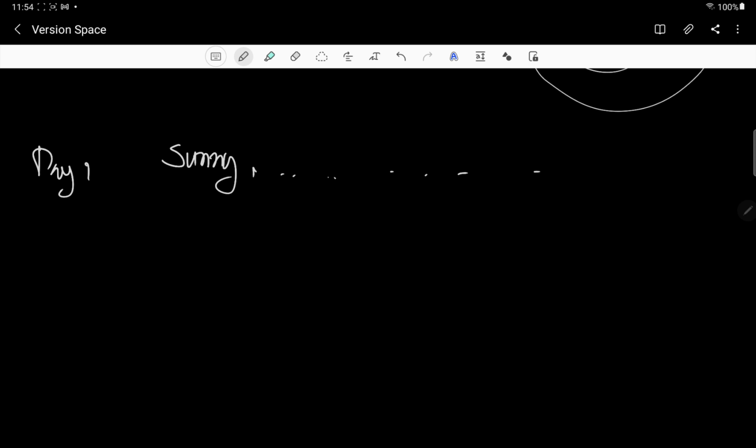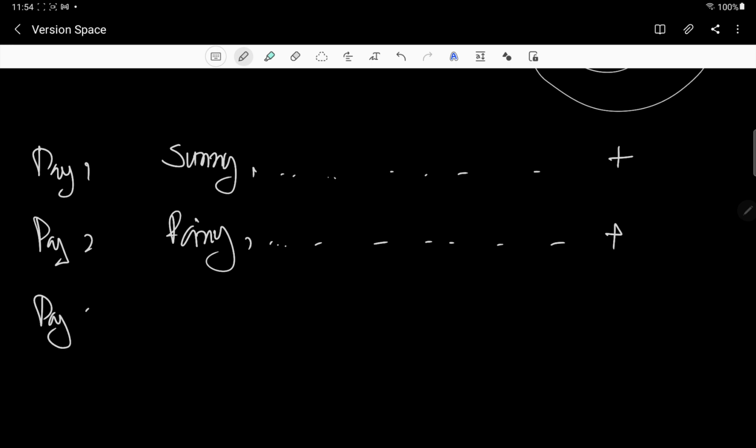So if it is sunny, this is the positive one, and for day two it is rainy and this one is positive, and in day three it is sunny again, but this time it is negative.